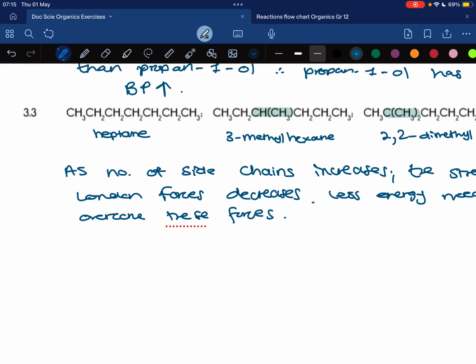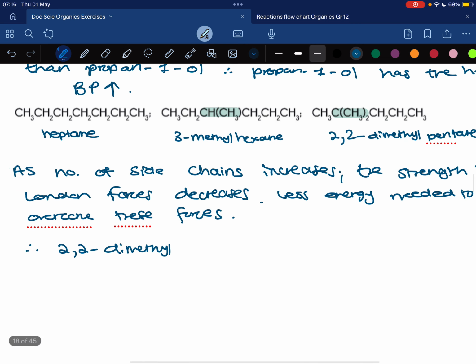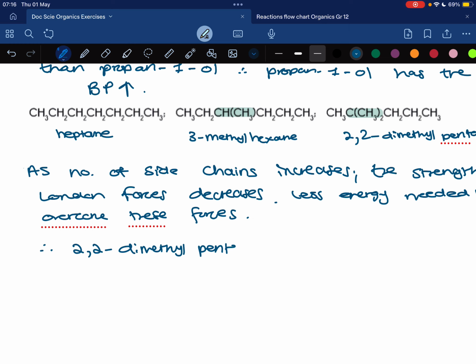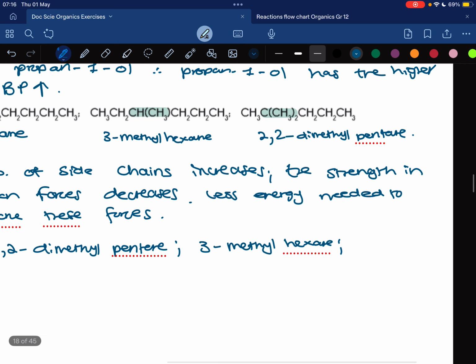And then therefore we can see that the order will be the increasing. We'll start with the 2,2-dimethylpentane, then 3-methylhexane, and then the last one will be heptane.